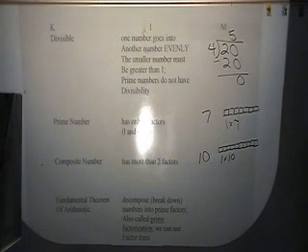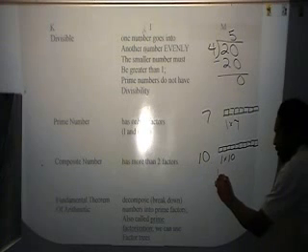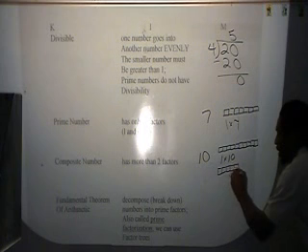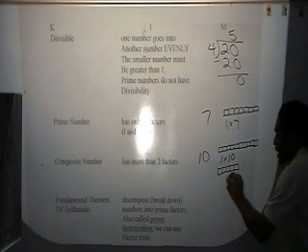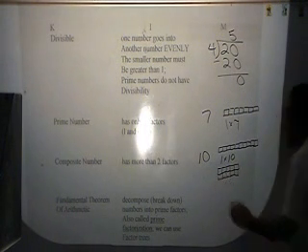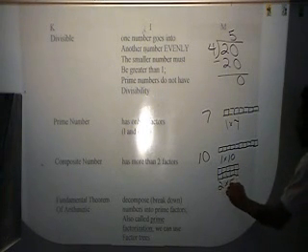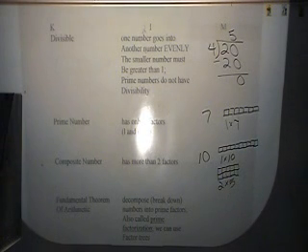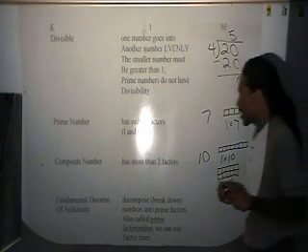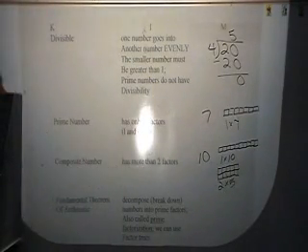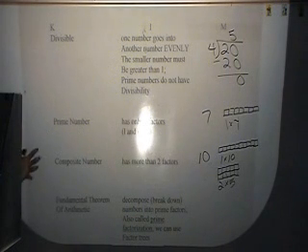Is there another way? 2 rows of 5. We can do 2 rows of 5, and that's still going to give us even rows and a rectangle. So that means that this is a composite number because we can rearrange those squares into different groups.